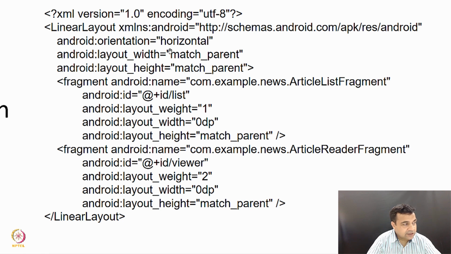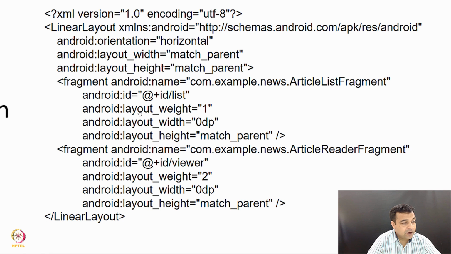So in this example, this is a linear layout, and in this layout there are two fragments. So most likely this is an interface for, I would say, a tablet where the screen is divided into two parts, something which we discussed earlier.